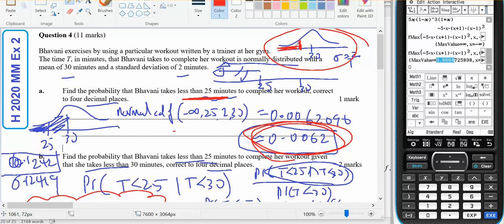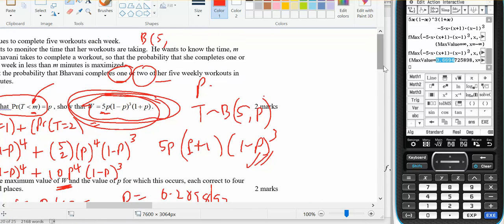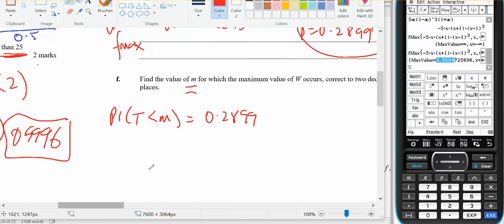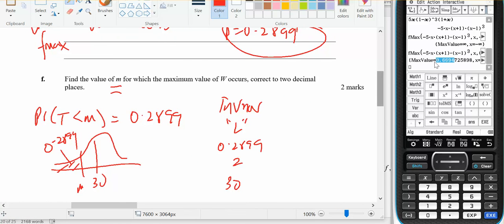So for it to be 0.2899, m's got to be some value less than 30. So I'm going to use the inverse normal to find the value of m. So what I've got is 30, 0.2899, m. So I'm going to inverse normal, left, 0.2899 is a probability, and 2 and 30, and that should give me my value of m.